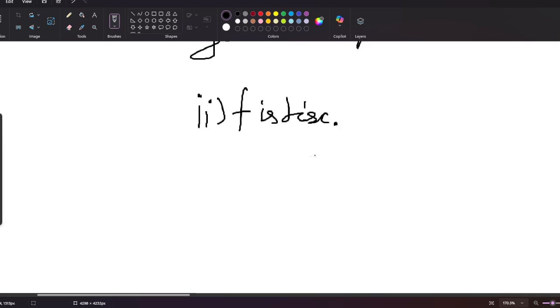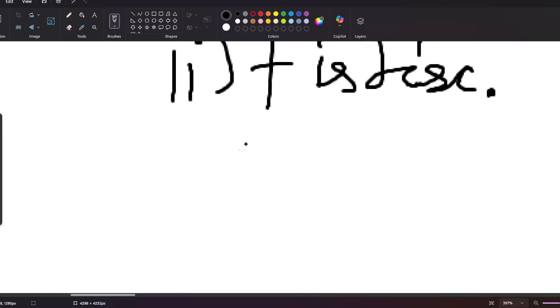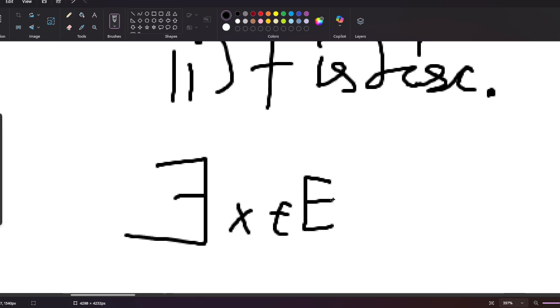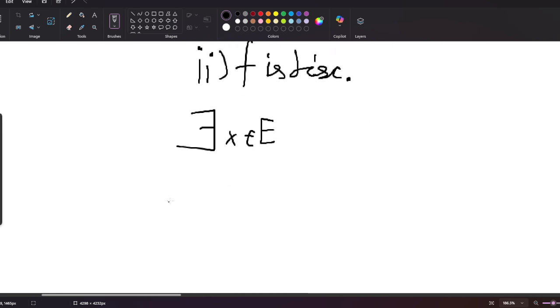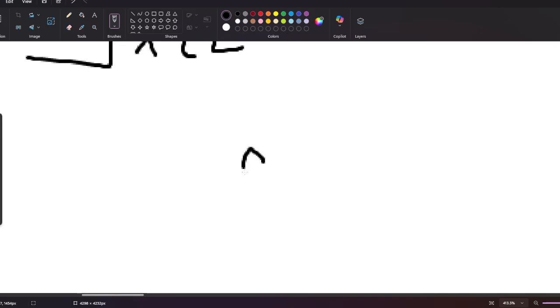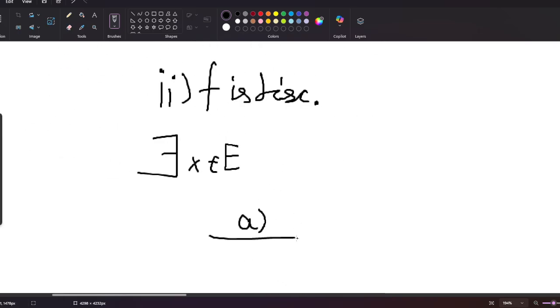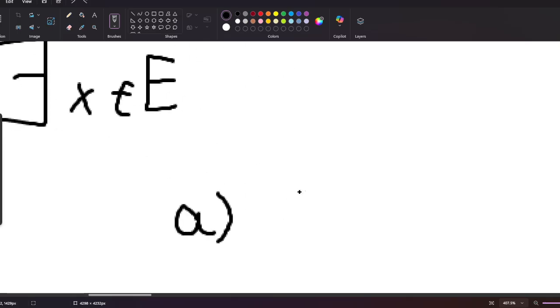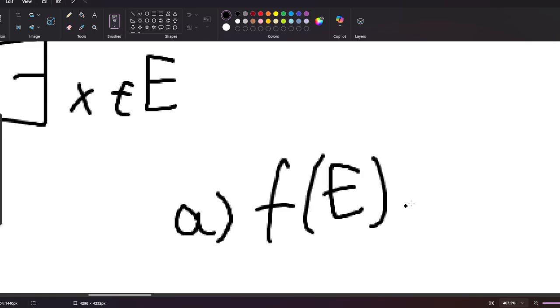Essentially, we take f of x and it's discontinuous, so there must exist some point x belonging to capital E where there's a discontinuity, which is characterized by either the fact that we have something unbounded going on, but let's say that f of E is unbounded.